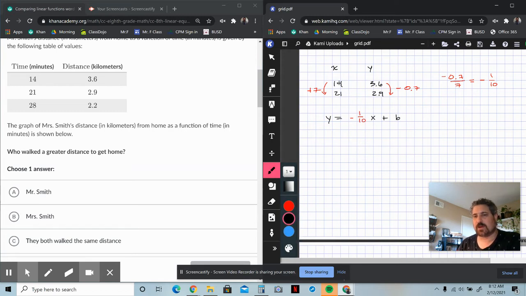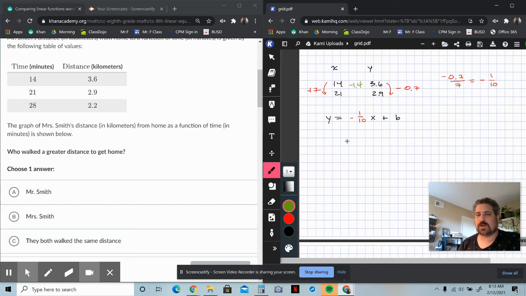Okay, now I know that negative 1/10 would make that what? So what's negative 1/10 times 14? It's going to be negative 1.4. So what would you add to negative 1.4 to get to 3.6? Basically, that's going to be your y-intercept. So all we got to do there is say, all right, well, it's going to be 1.4 to get to 0, and then an additional 3.6, right? So we're going to have to add 5 to that.